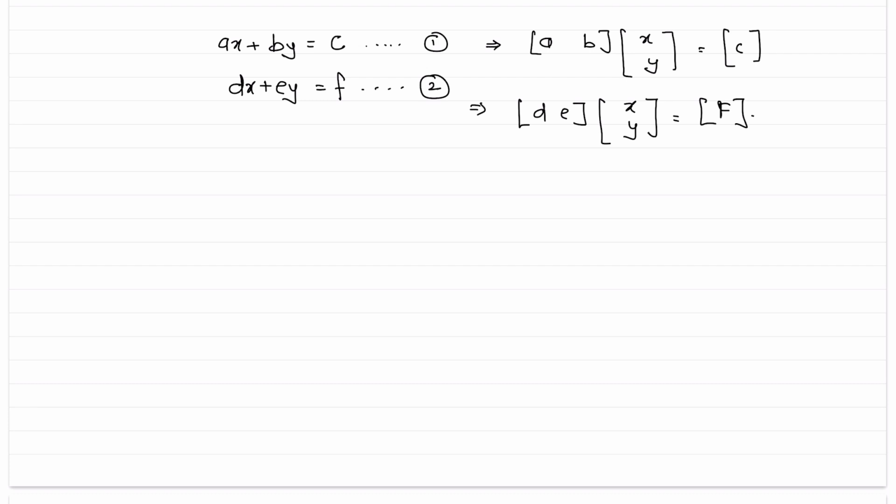Please don't worry about what the values of A, B, D, E, C and F are. Now, I have to find the matrix XY, so that I can find out the values of X and Y.